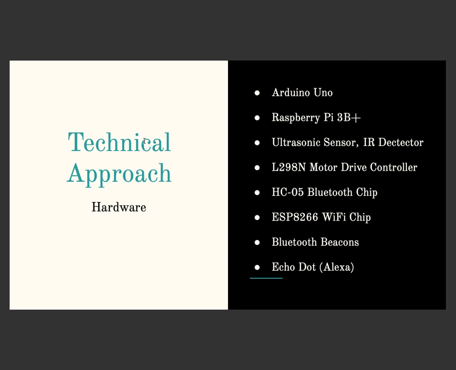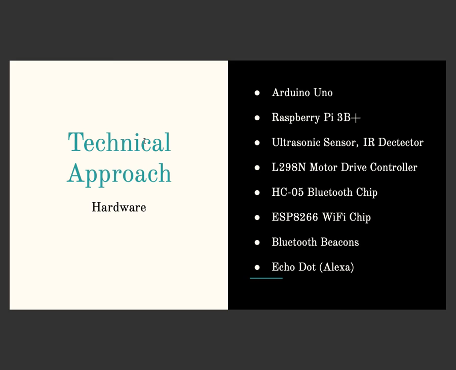Technical approach. For the hardware part, we use Arduino Uno for the following cars as a computational module. And for the leading cars, we use Raspberry Pi 3B Plus, which gives us more computational ability to handle more complex tasks. There are ultrasonic sensors and IR detectors installed on the leading cars.